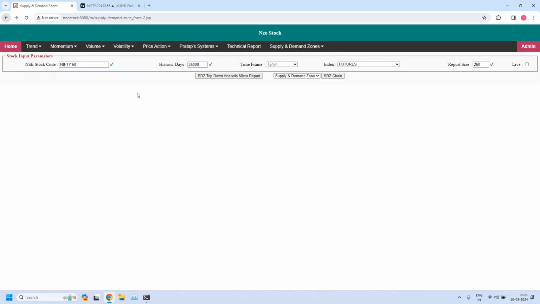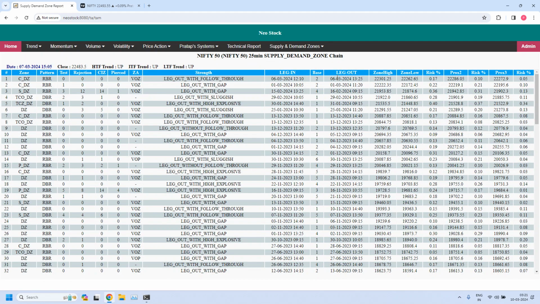Now let's go back to the previous screen, and now let us change the time frame to 25 minutes. Let us generate the 25 minutes chain. From now onwards, you will see the most recent support levels based on the high liquidity zones. Let's start with the third one, because it is already pierced, so let's not focus on this.